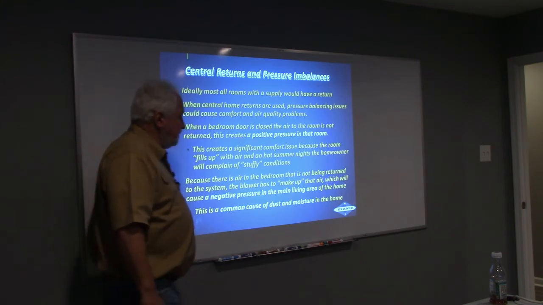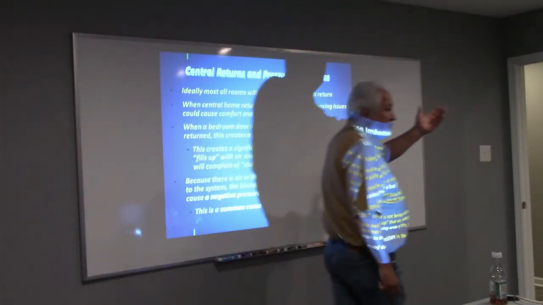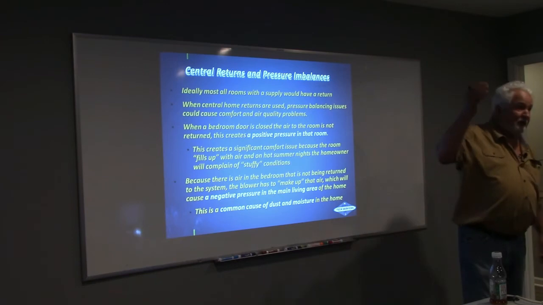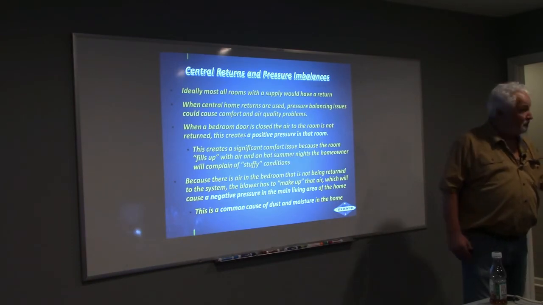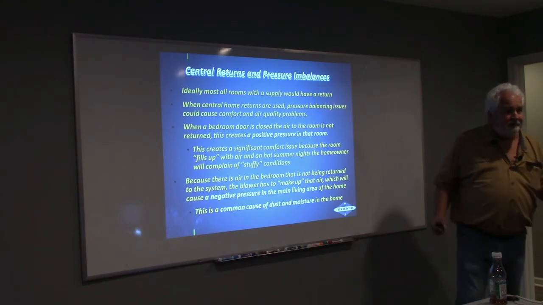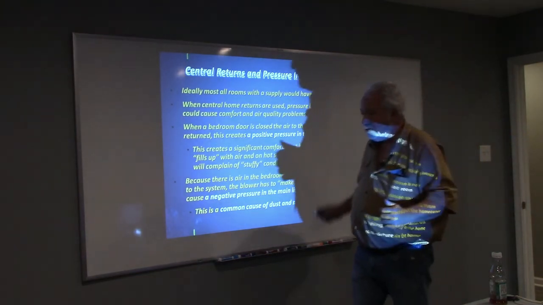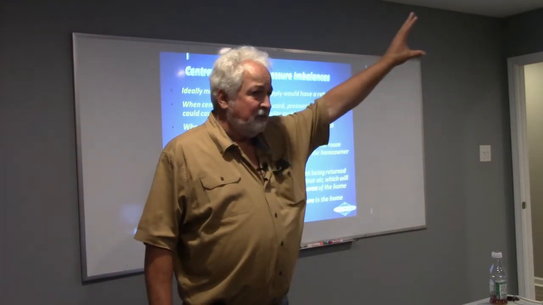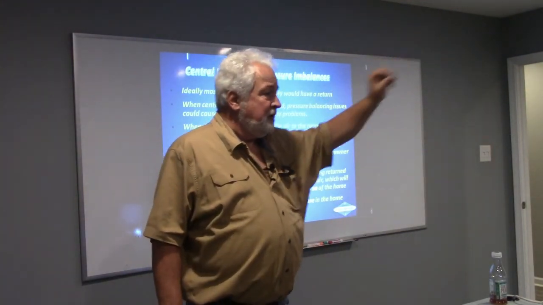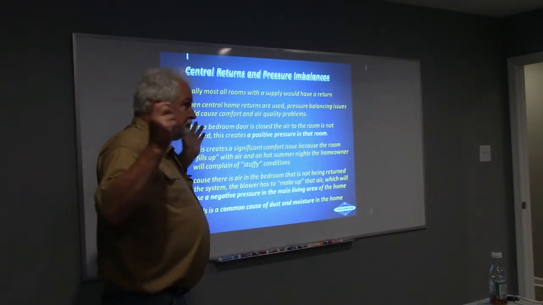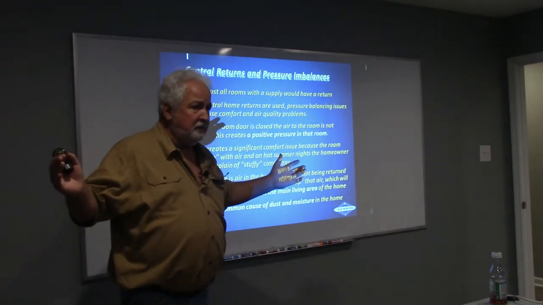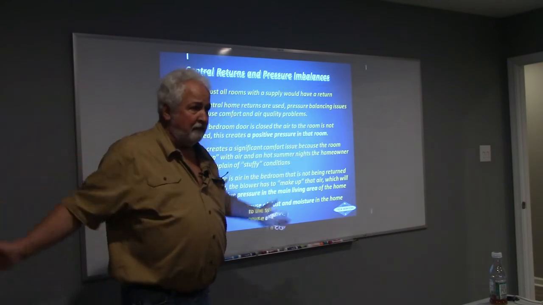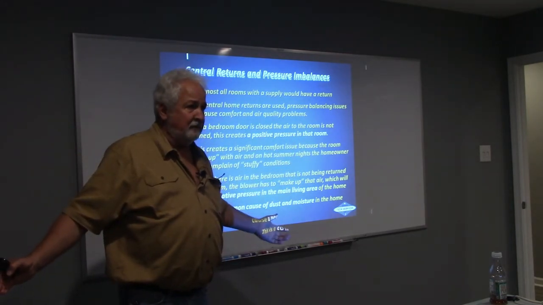So, central returns. We talked about the one return outside. We talked about maybe putting something into the master bedroom so possibly we close the door, right? If we can close that door, we can eliminate that room going positive because I've got a return air inside there. The problem is the rest of the country puts a return in every room that has a supply.